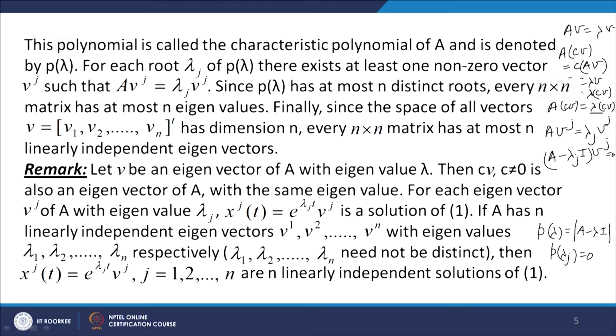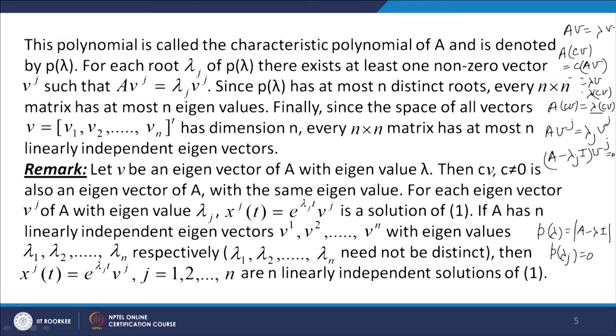If A has n linearly independent eigenvectors B1, B2, Bn with eigenvalues lambda 1, lambda 2, lambda n respectively, note here that lambda 1, lambda 2, lambda n need not be distinct. When they are all distinct eigenvalues, we shall see that their corresponding eigenvectors are linearly independent. But even in case where they are not all distinct, we might have n linearly independent eigenvectors.